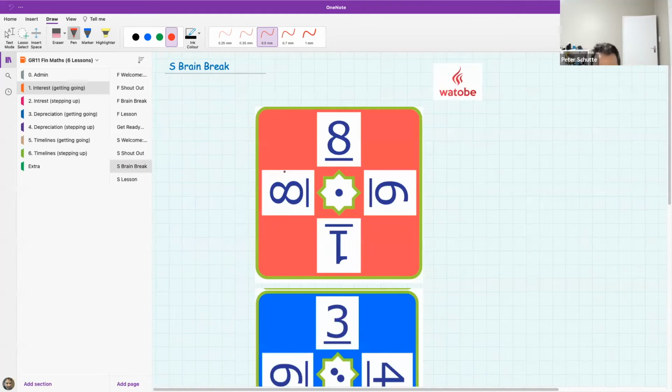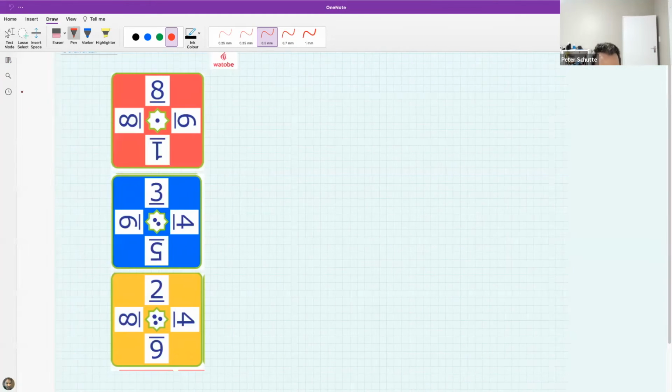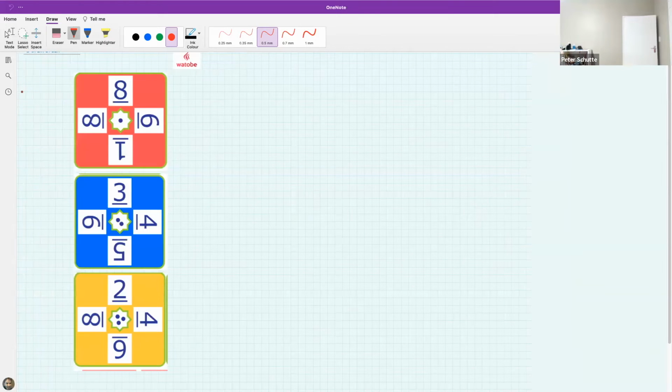And then let's see, here's some fresh Maths 24 puzzles that I'd like you to have a go at.